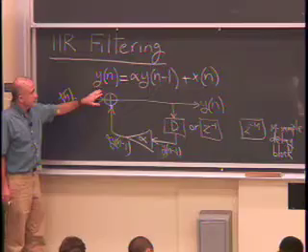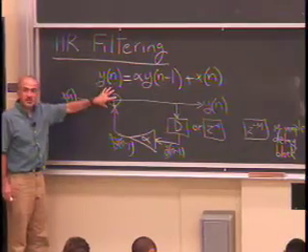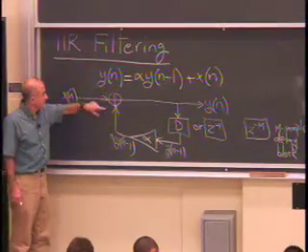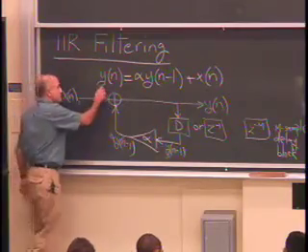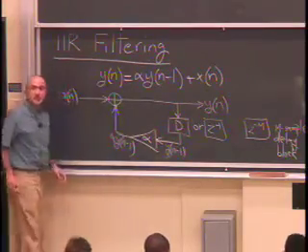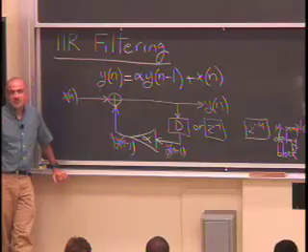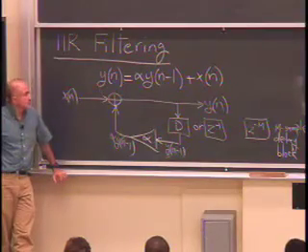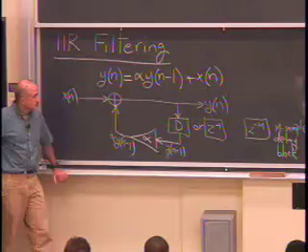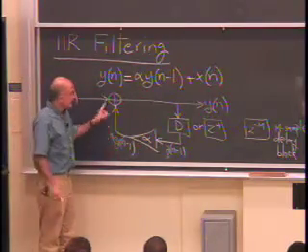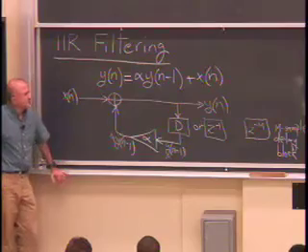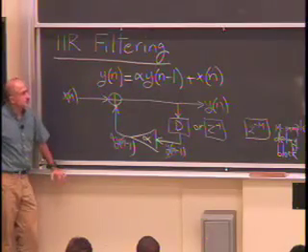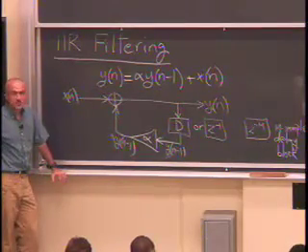Sometimes if I don't put anything around this adder block, you can assume that they're being added together. Sometimes we put a plus on one, minus on another, in which case that would be self-explanatory. You'll know which one is getting subtracted from what. But essentially, this is a delay adder gain block diagram representation for this. Actually, I think that was part B of the exercise I'd given you at the end of the last lecture.